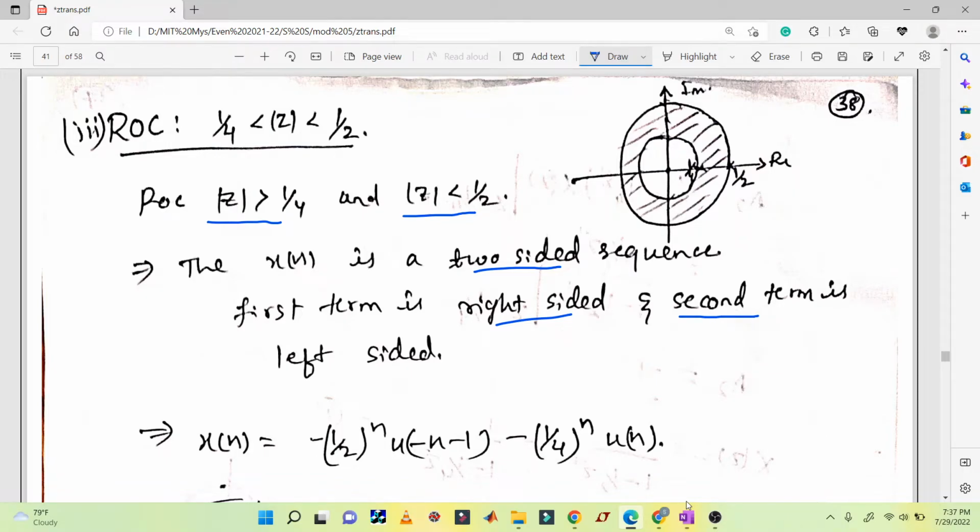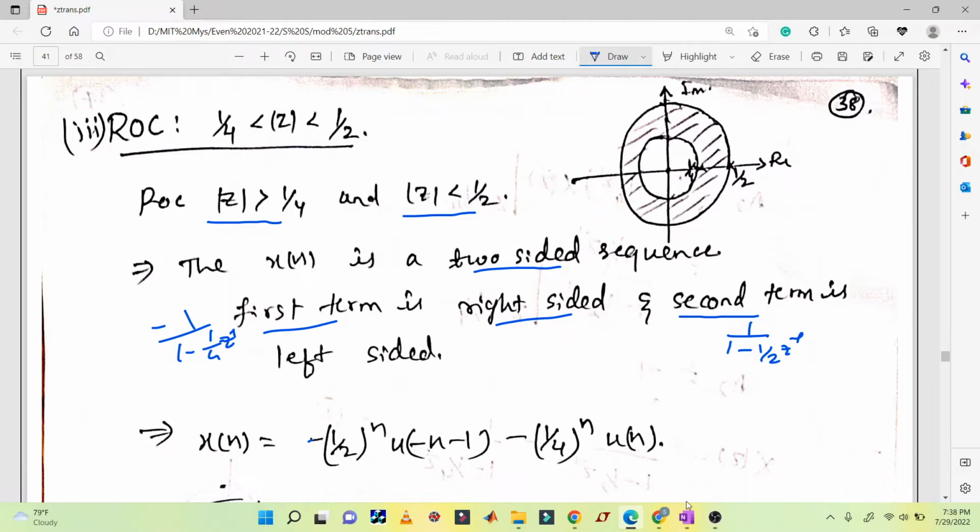If z is greater than 1 by 4, the first term is 1 divided by 1 minus 4 z inverse. The second term is 1 divided by 1 minus 1 by 2 z inverse. This is left sided.